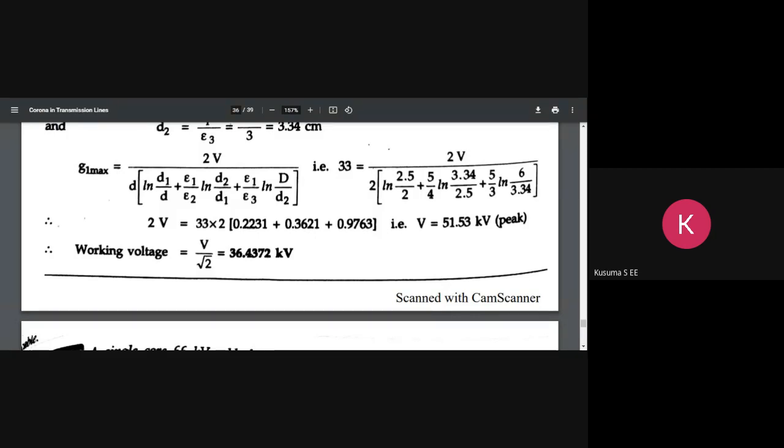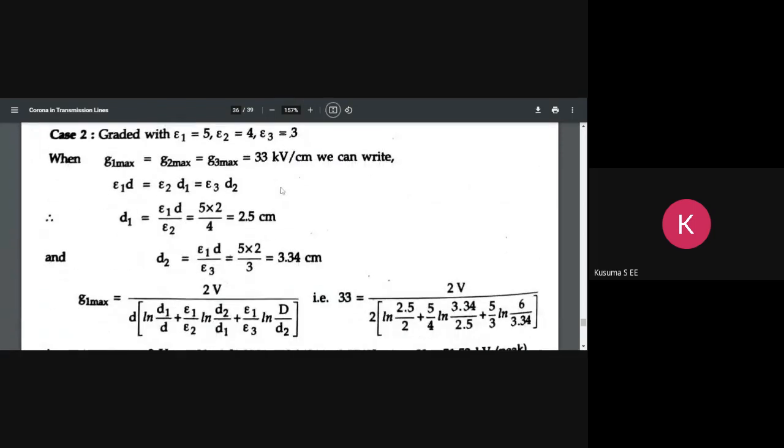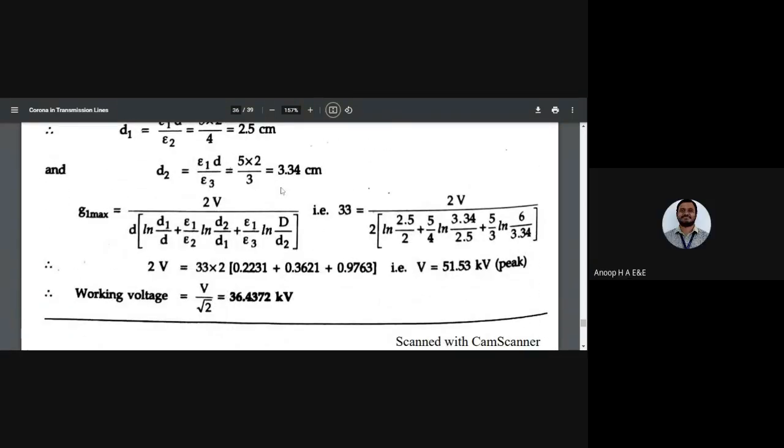So peak value is 51.53 kilovolt. Okay, correct. RMS is 36.44 kilovolt. Okay, very good. You can share certain answers to the group later after the class ends.